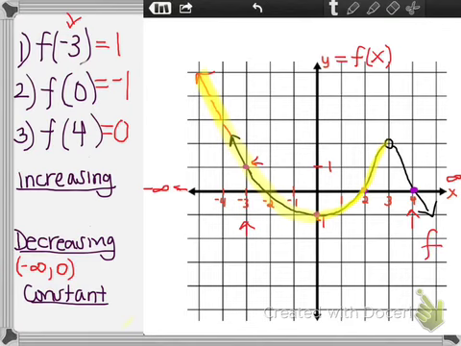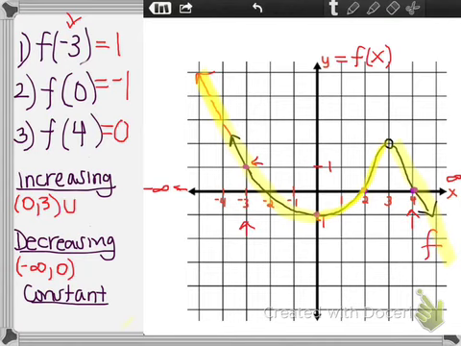Very good. So that is from 0 to 3. And then from 3 onward we're back to decreasing.